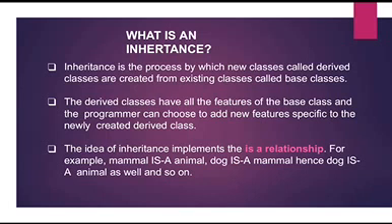Just as we discussed, the derived classes have all the features of the base class, and the programmer can choose to add new features specific to the newly created derived class.